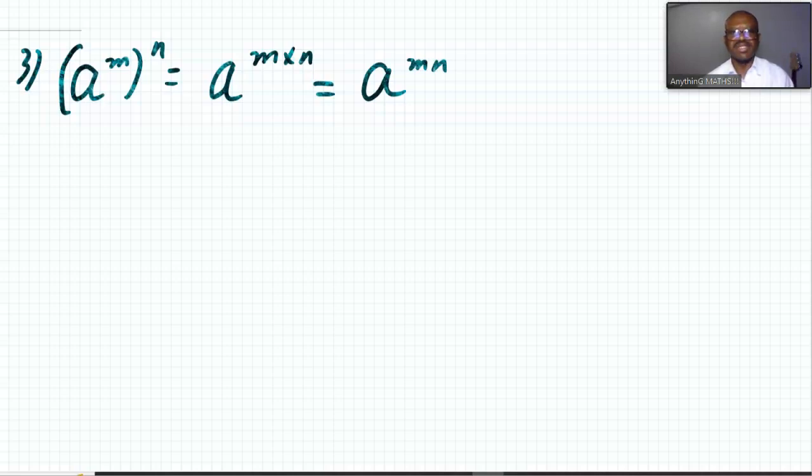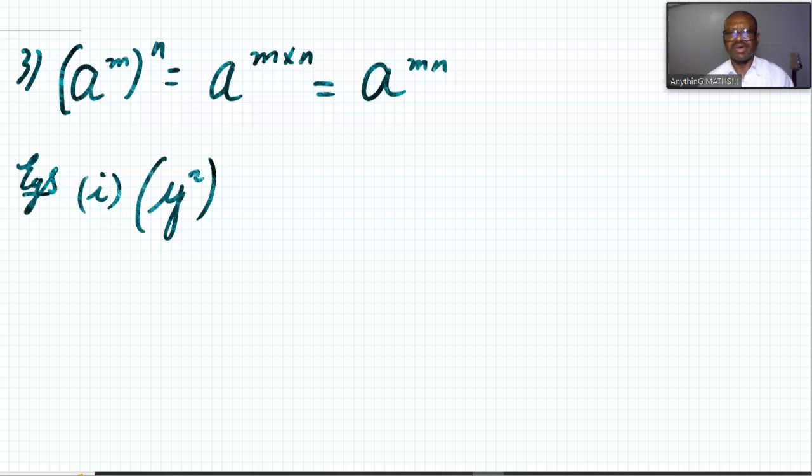We're going to consider some examples. y raised to the power 2, all raised to the power 3. And this will be y raised to the power 2 times 3. 2 times 3 is 6. So y raised to the power 6.